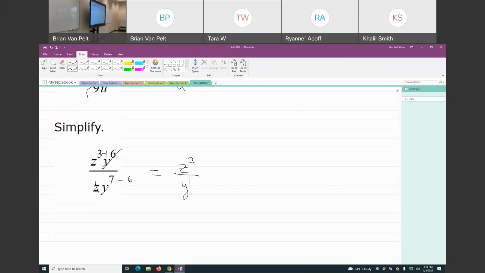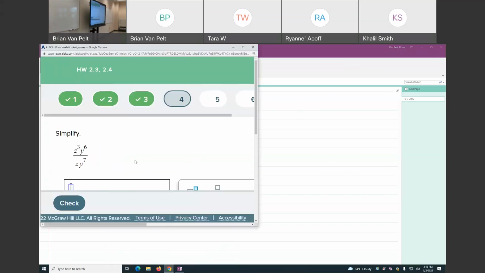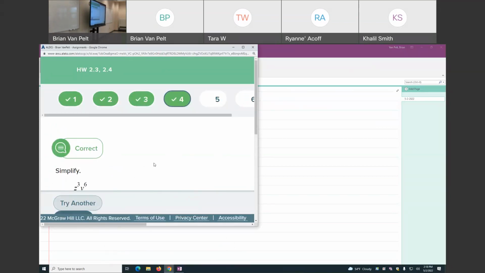And you don't need that 1. I don't know if it cares whether you put it or not, but I wouldn't put it. So we had z squared divided by y. That is y to the 1. And let's check it. Yep.